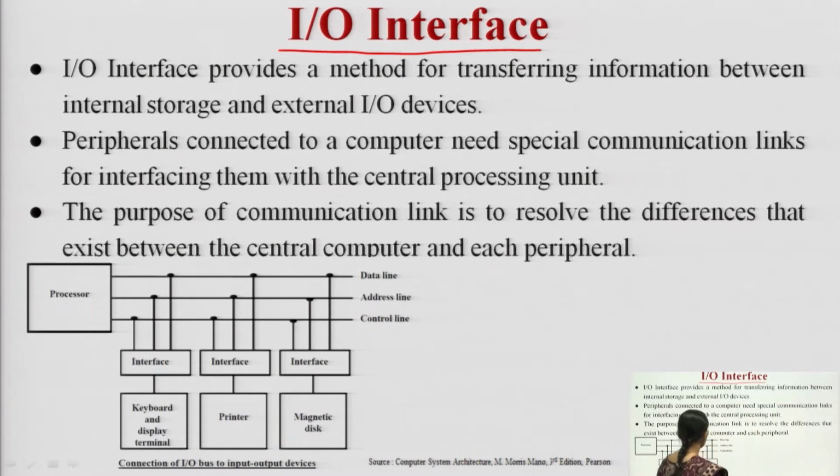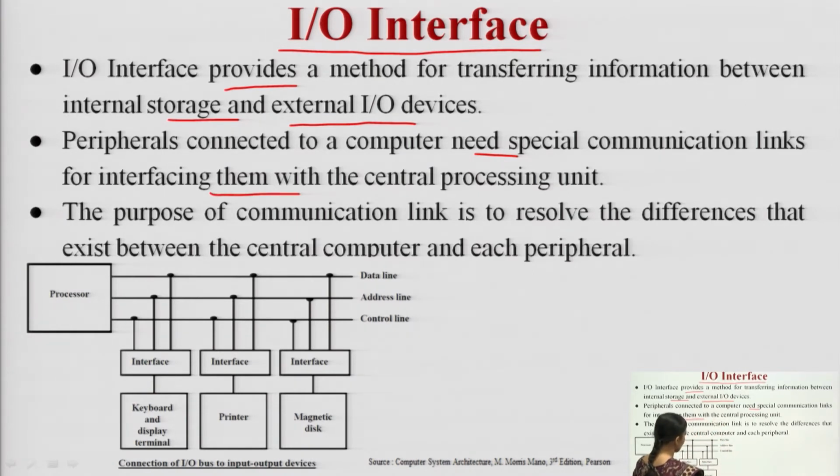So, this IO interface provides a method for transferring information between our internal storage and the external IO devices connected. These are the different peripherals connected to a computer, and the special communication links for interfacing them with the CPU.